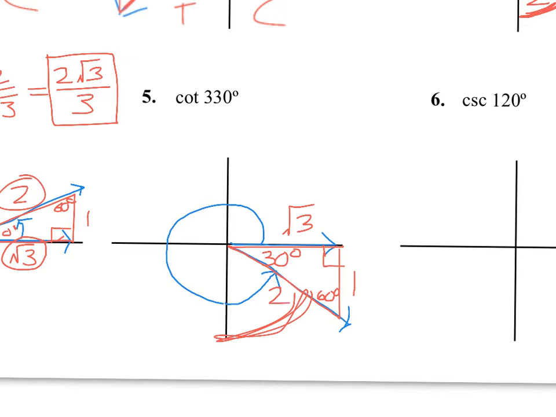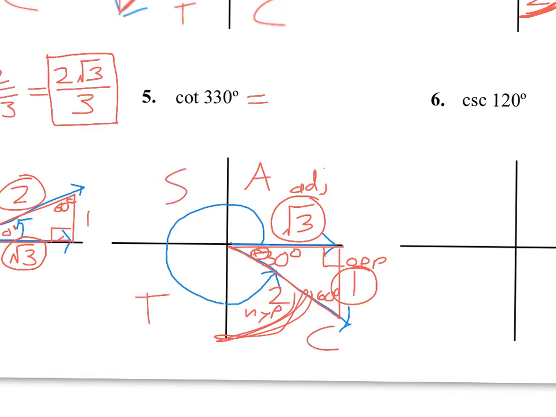Alright, so theta's in here. Let's label these sides. This is opposite over here. This is adjacent. And this is hypotenuse. So if tangent is opposite over adjacent, then cotangent is adjacent over opposite. So we're going to do adjacent over opposite. And let's also figure out if it's positive or negative.